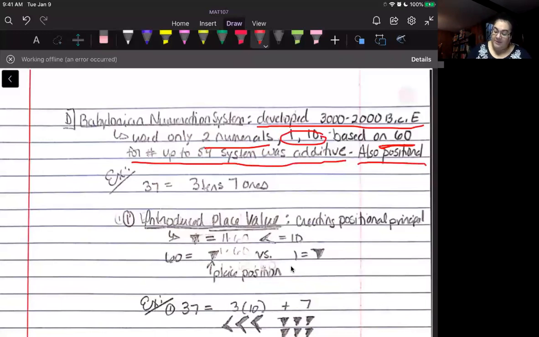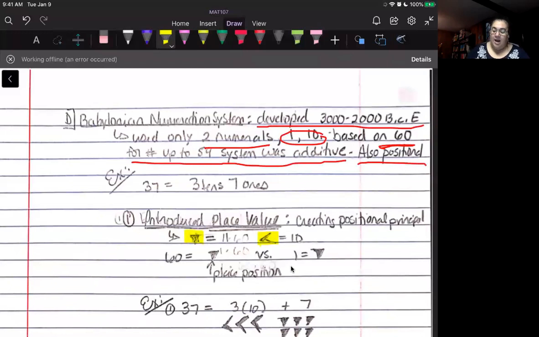So their place value, and that's what we're gonna look at here, their symbols were this. The triangle, I'm going to try to highlight it here. This is 1. And this little sort of mouse symbol, this was 10. Okay, so this is 1, this was 10.